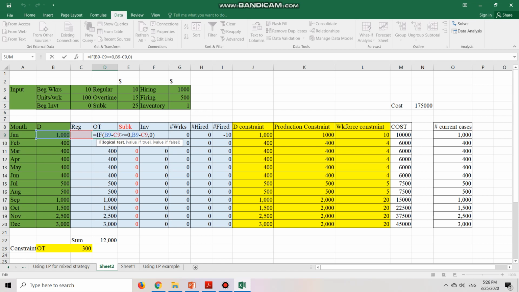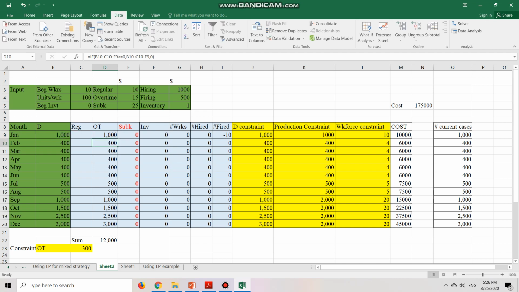The total quantity we need to overtime is the demand minus the regular production. Here the regular production is C9, and the demand in January is B9. If not, we don't need to do overtime, so it will be equal to 0. That is for the first month, January.